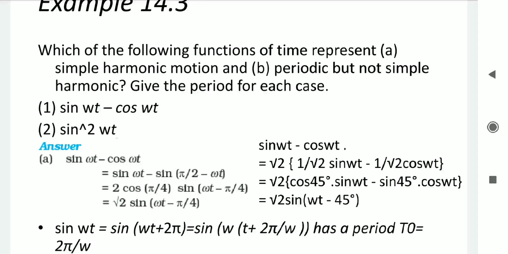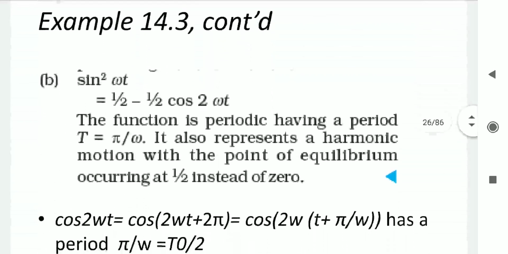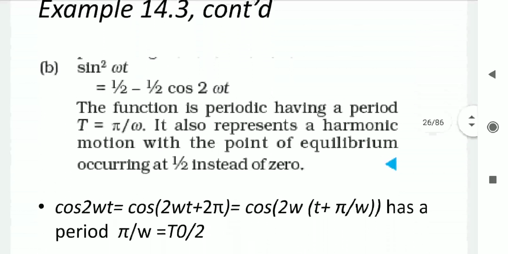The second function we have is sin square omega t. This sin square omega t we can rewrite in the form of (1 minus cos 2 omega t) by 2. So here this function is periodic, by defining cos 2 omega t equal to cos (2 omega t plus 2 pi). Take 2 omega common and we get in the bracket t plus pi by omega.